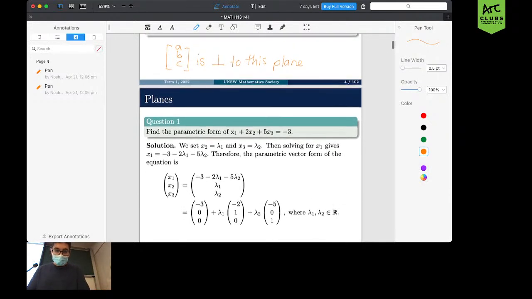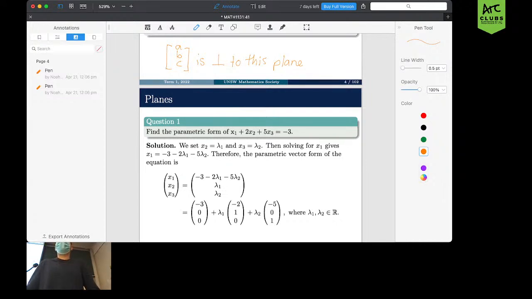We can break it into (-3, 0, 0), which is just taking the constants from that single vector, plus lambda 1 times the coefficients of lambda 1 in the single vector, that is (-2, 1, 0), and then plus lambda 2 times the vector consisting of the coefficients of lambda 2 in the single vector, that is (-5, 0, 1). And of course, we have to say at the end, where lambda 1 and lambda 2 are real scalars, so we say they are in the set of reals.